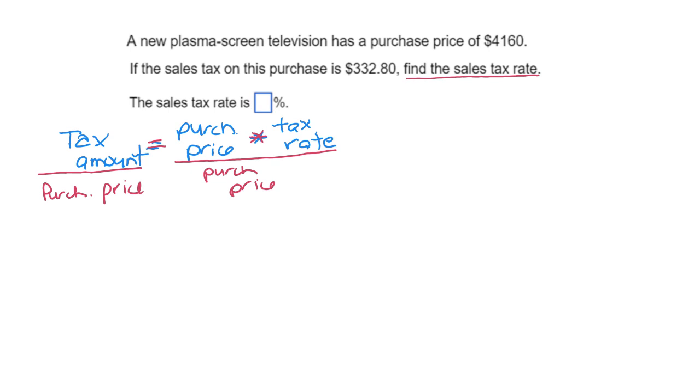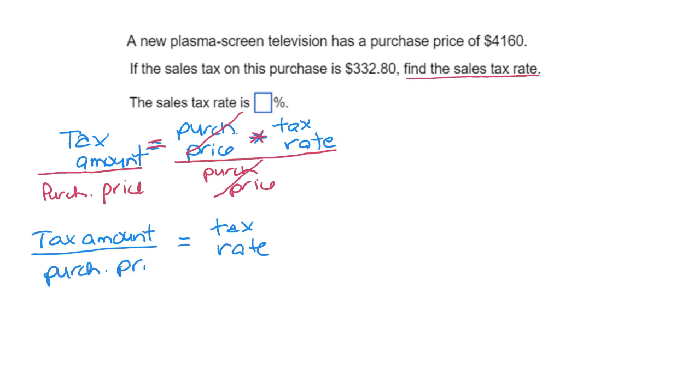On the right-hand side, the purchase price divided by a purchase price divides out. And what that does for you, it leaves you your tax rate. This is the item we're trying to find. We can find the tax rate by taking the tax amount and dividing it by the purchase price. So this is the formula that we will use to find our tax rate.